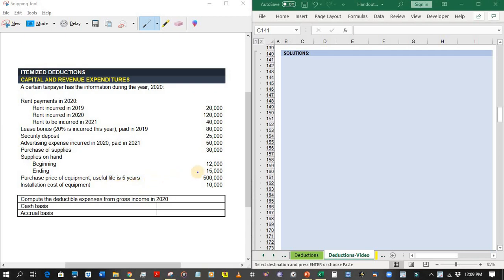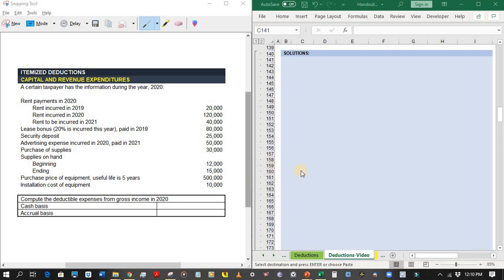The acquisition cost is 500,000 pesos and an installation cost of 10,000 pesos. This is a capital expenditure, which means regardless whether the cash basis or accrual basis of accounting is used by the taxpayer, this will be deducted as part of the itemized deductions through depreciation.